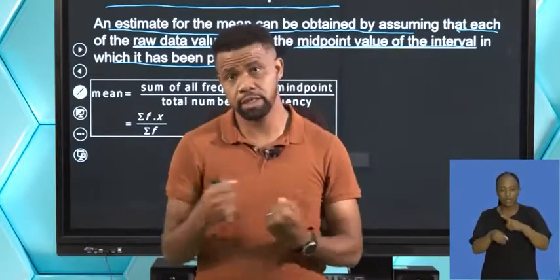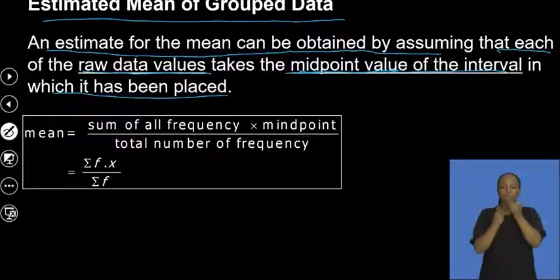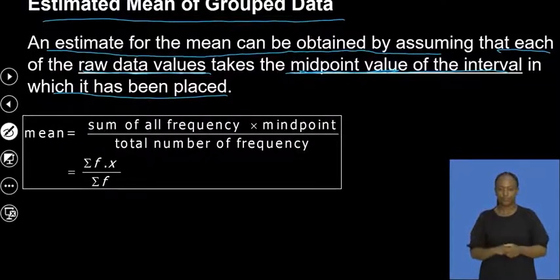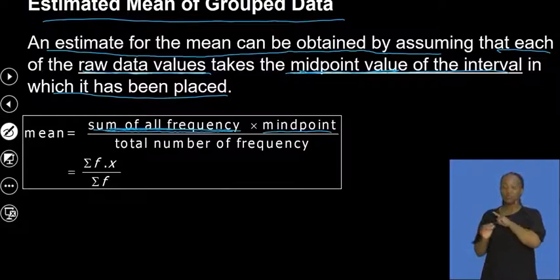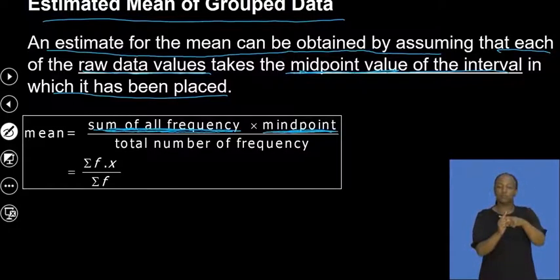And how do we calculate the mean? To do the mean, we'll do the sum of all frequencies times the midpoint. I'll explain, it'll actually make more sense if we do the actual problem. So this is the frequency, times the midpoint, divided by the total number of frequency.